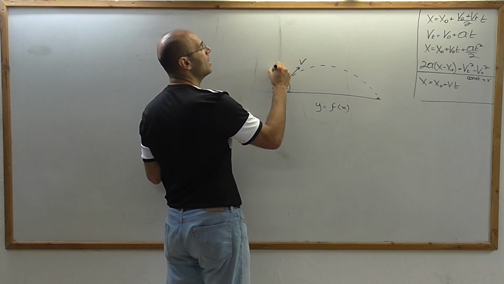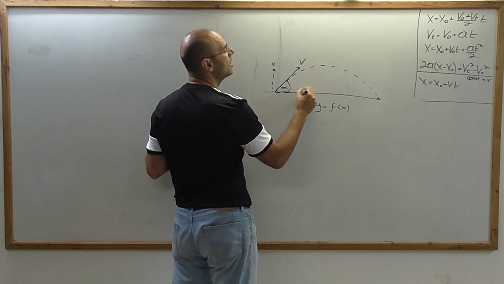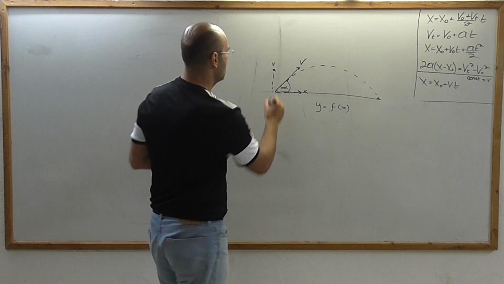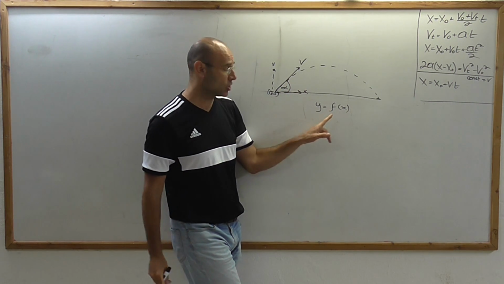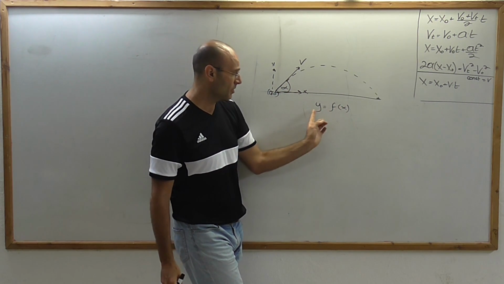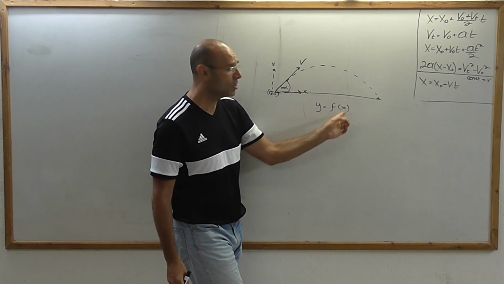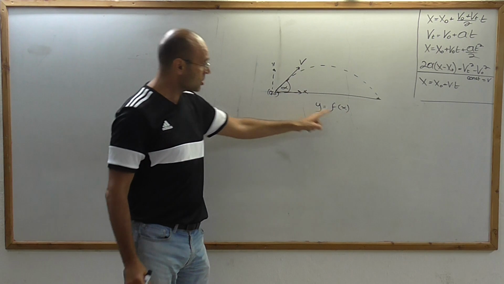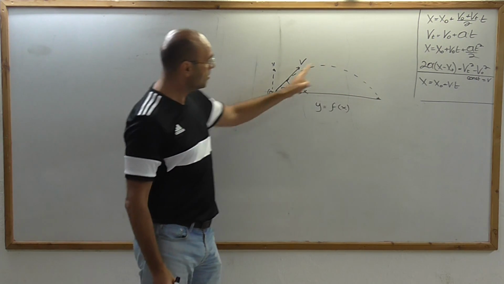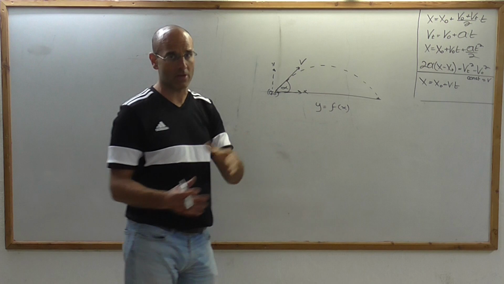Y is the height, x is the range, and this is the origin. I want to find an equation that shows me the height as a function of the range, and to prove that this equation exactly matches this path, which is a parabola.